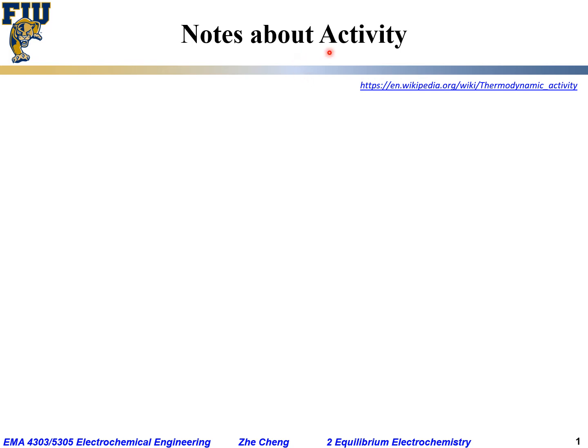So we introduced the Nernst equation, and now we are going to say a few words about a concept called activity. You probably learned it from your chemistry or more advanced physical chemistry. Activity, sometimes also called the thermodynamic activity or chemical activity, has the symbol A. It is, remember, unitless.